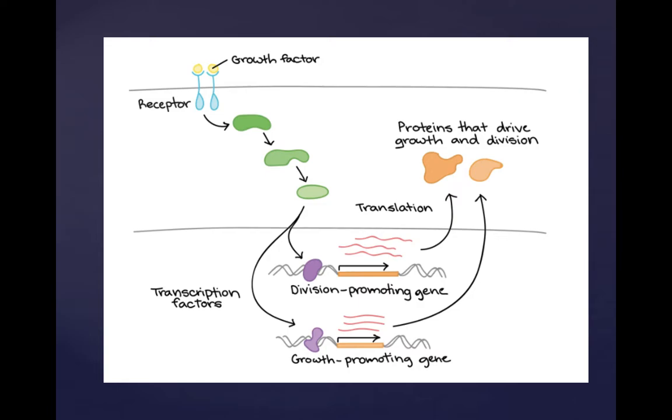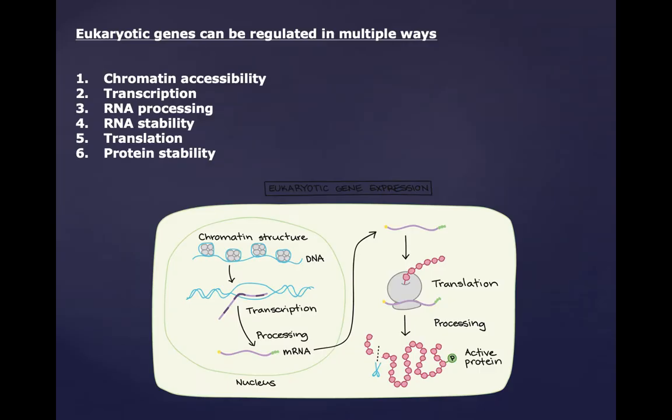Then, in general, we looked at different stages, levels or mechanisms that eukaryotes use in order to regulate the genes that they possess, to regulate the expression of genes in response to an input, in response to a signal.